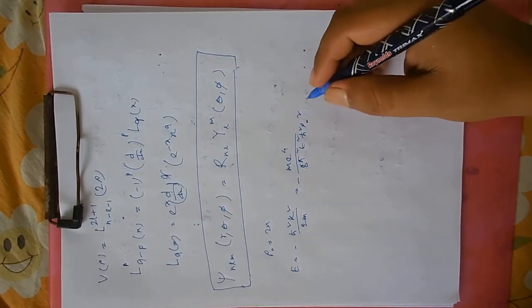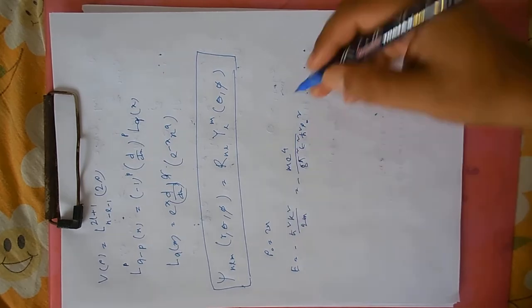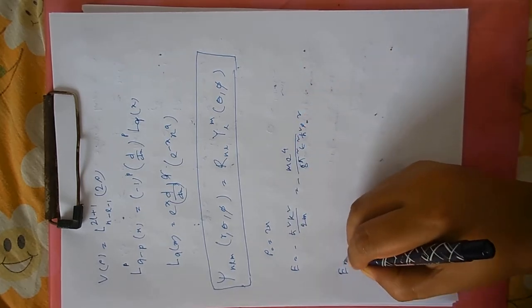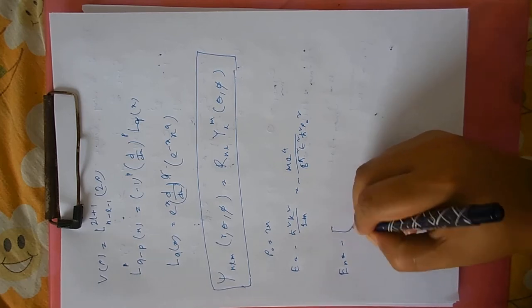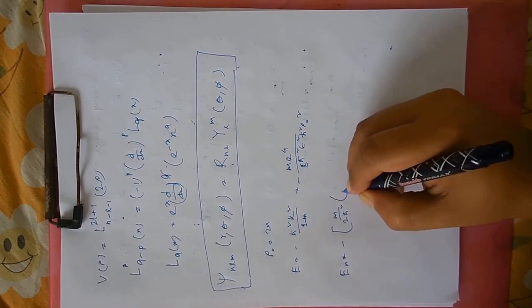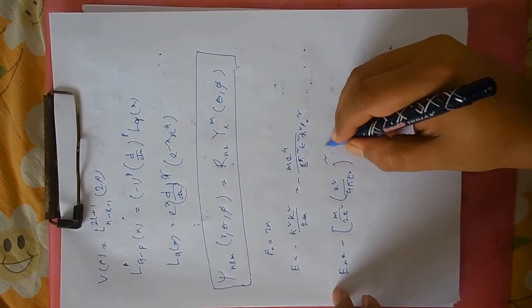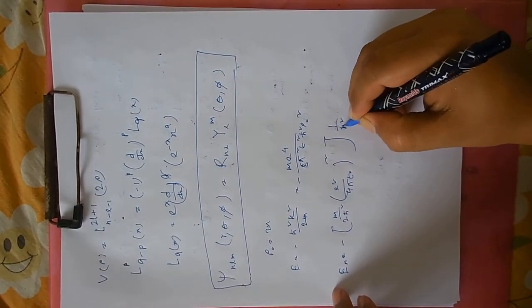Now if you put the value of rho 0, you can understand, something like energy E n will look like minus m by 2 h bar squared, e squared by 4 pi epsilon 0 whole squared, times 1 by n squared. This is very interesting.